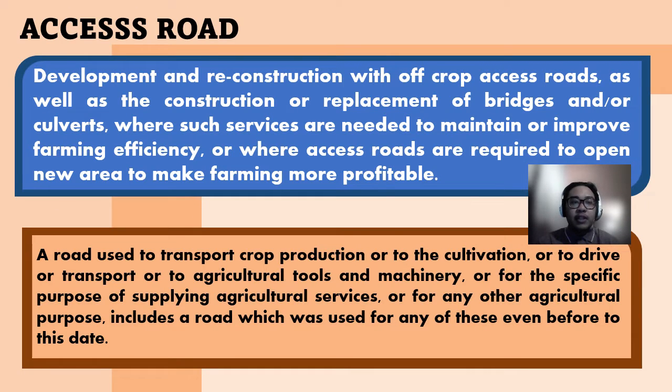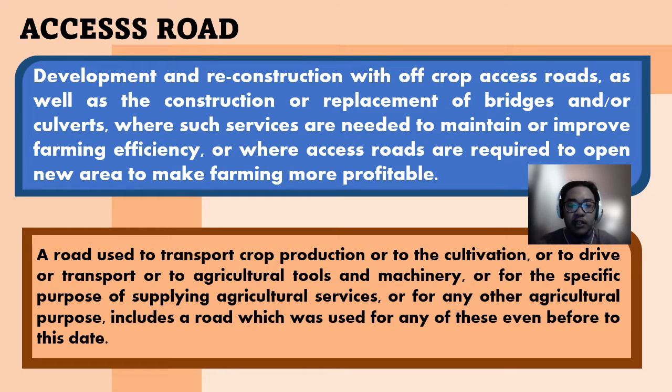We go through access road. Development and reconstruction of off-farm access roads, as well as the construction or replacement of bridges and culverts, where such services are needed to maintain or improve farming efficiency, or where access roads are required to open new areas to make farming more profitable.